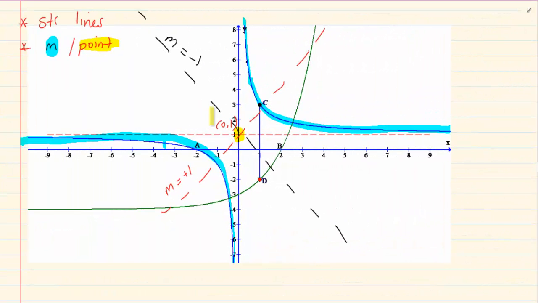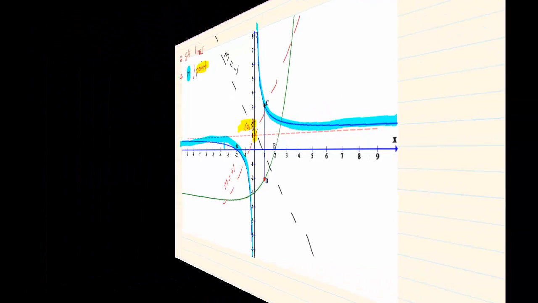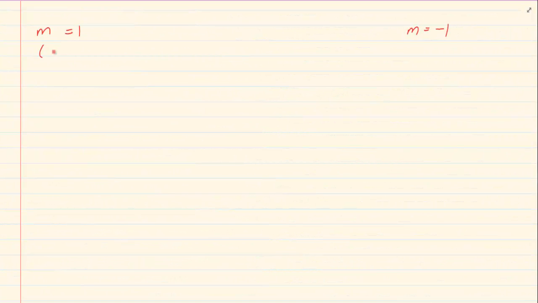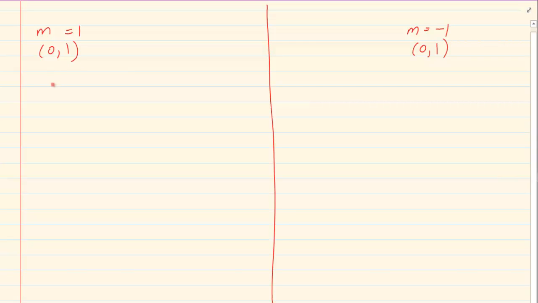Our coordinate is the same for both of them, which is 0 and 1. Now to get the equation of the line, we can say y is equal to mx plus c. This is one method. So I got my m is 1 and then I simply substitute my coordinate and that would give me that c is equal to 1.